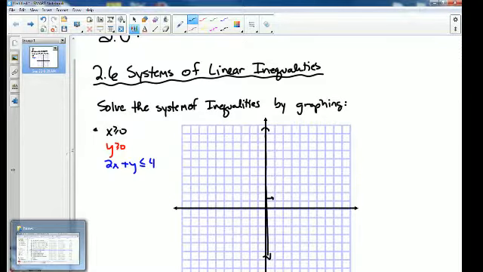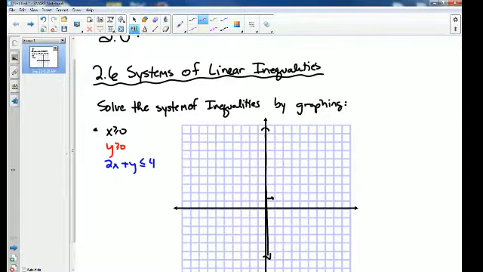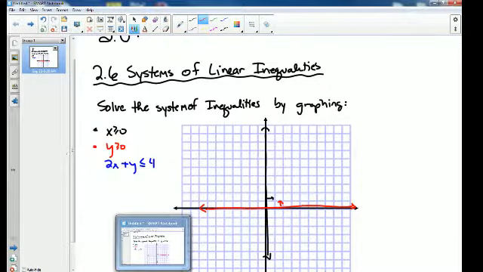Your pick. How about y is greater than 0? It's here, right? And we shade up. Now notice where the arrows are coming together. That's starting to form our shaded region.